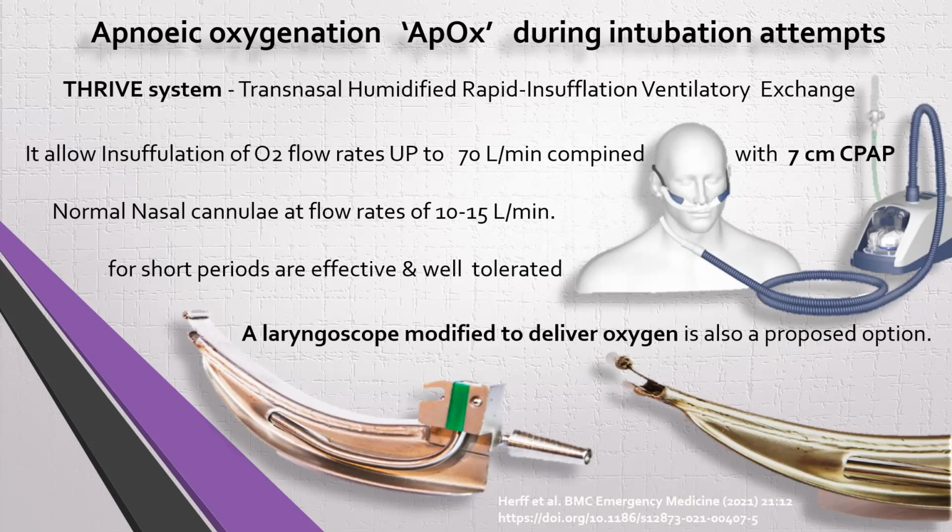It was the first time I saw a comparison between high flow nasal cannula and an oxygen-modified laryngoscope for oxygenation during an intubation attempt. And here is the reference if anyone wants to see it. Okay.